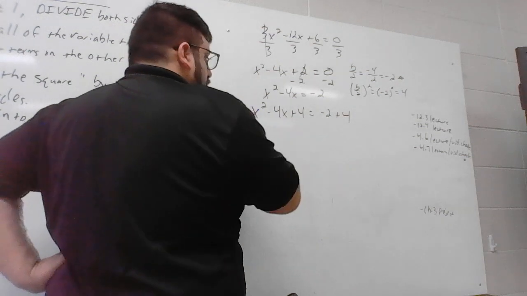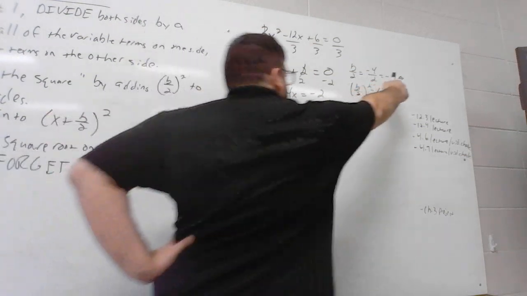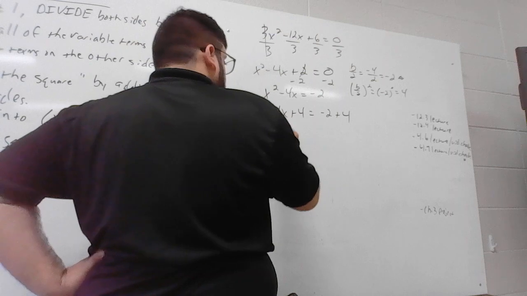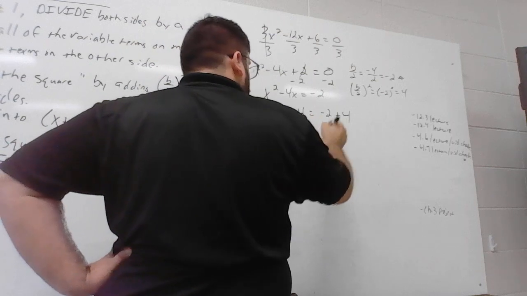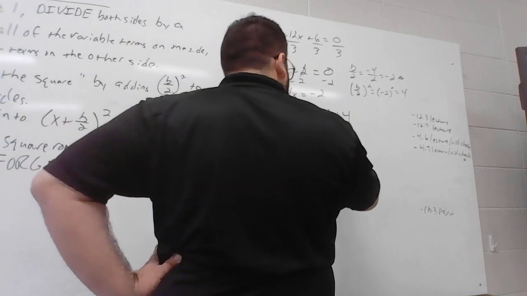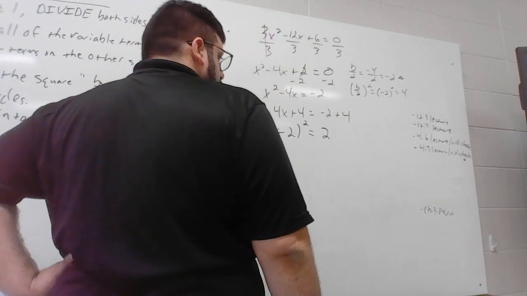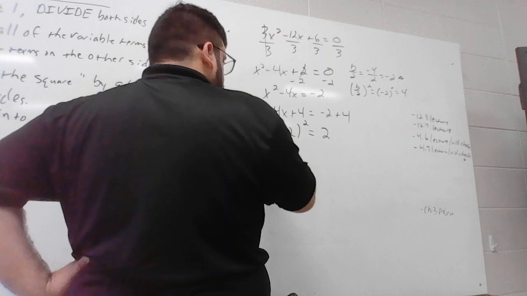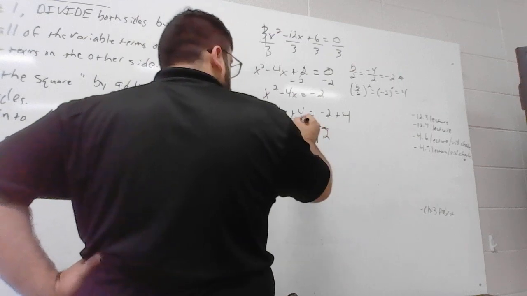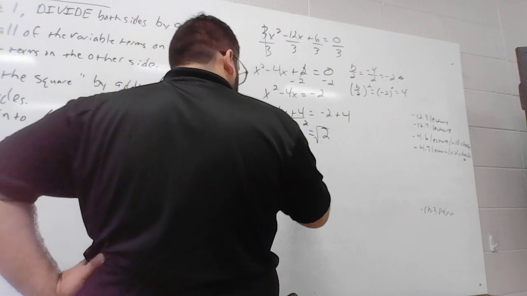So again, this is now a perfect square trinomial. That's my b over 2. So it will factor to x minus 2 squared equals negative 2 plus 4, which is positive 2. And so now, take the square root on both sides. X minus 2 equals plus or minus 2.